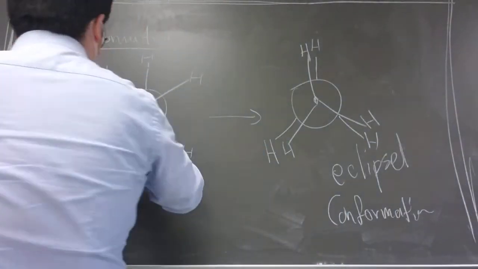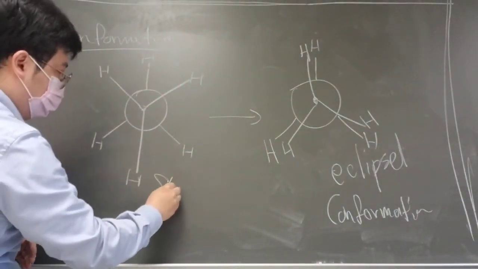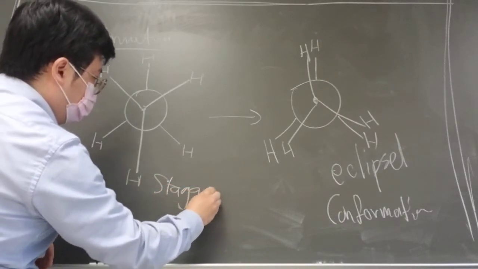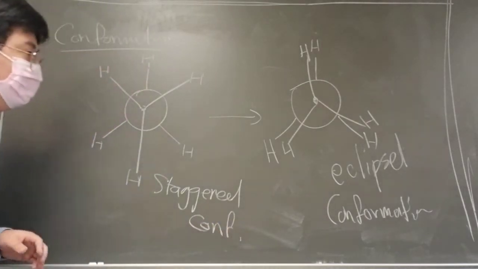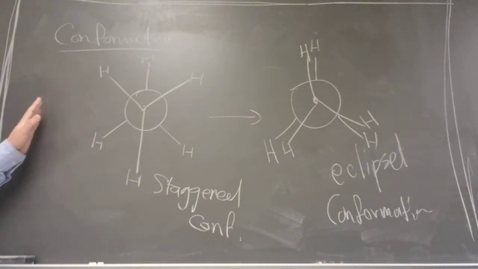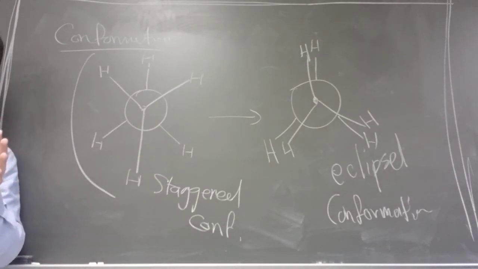And when it's nicely evened out by rotation, we call this staggered conformation. Obviously, most staggered conformations are the more stable form of the same compound.